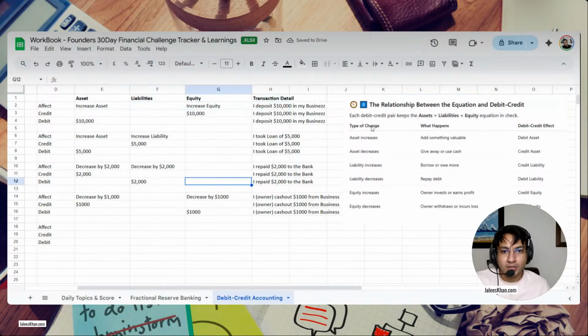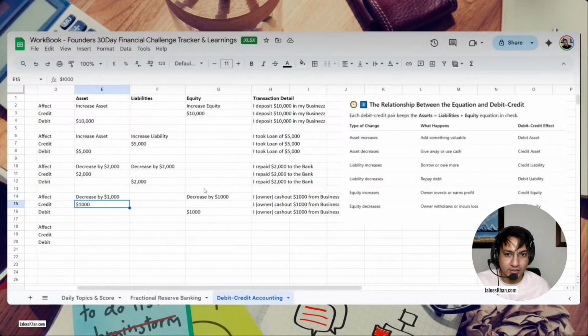We increase in asset and increase in equity. Increase in asset goes in debit, increase. Decrease in asset comes in credit.